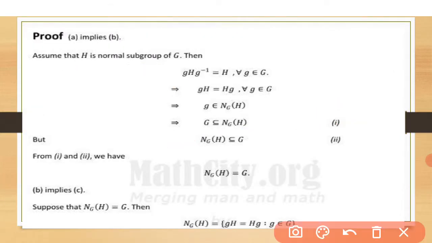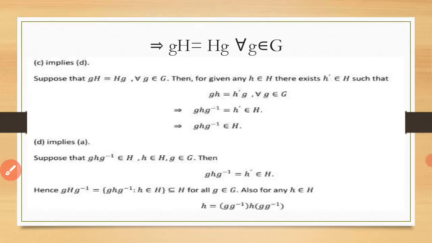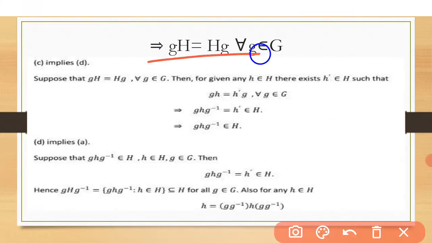Now from B we will prove C. In B we know that it was a normalizer, and by the definition of normalizer gh is equal to hg. Hence proved.